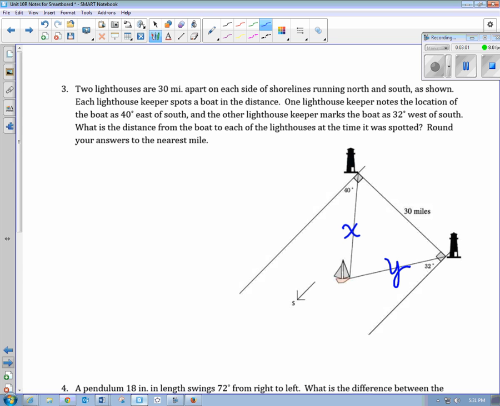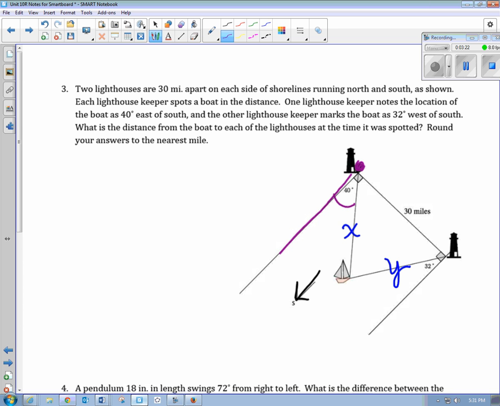Now, they've got a little direction here telling us that this way is south. So when this lighthouse keeper is here and he's looking out at the boat, he is saying south goes this way and he's 40 degrees to the east of south.